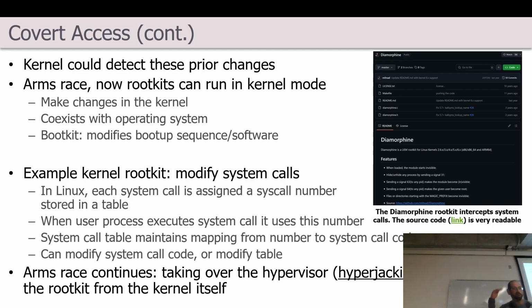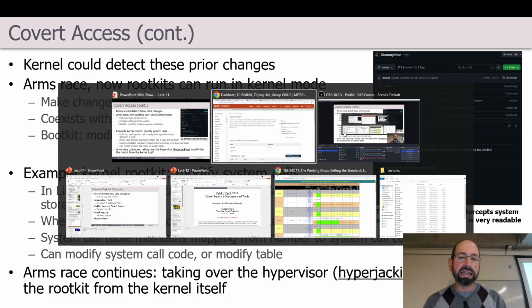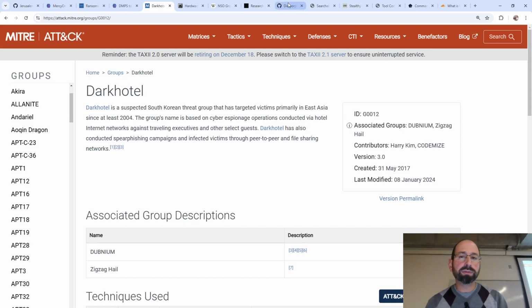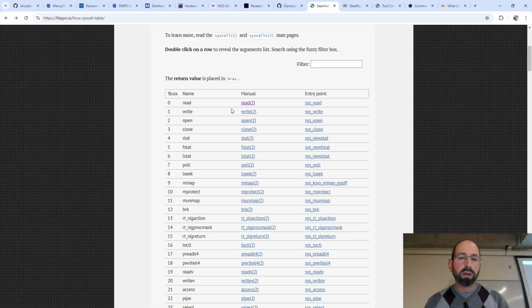So there's just a number of these things, and they're standardized across various operating systems and versions of operating systems that says, I would like to open a file. That's going to be syscall number 2. And it's ultimately kind of an assembly level thing that happens here.